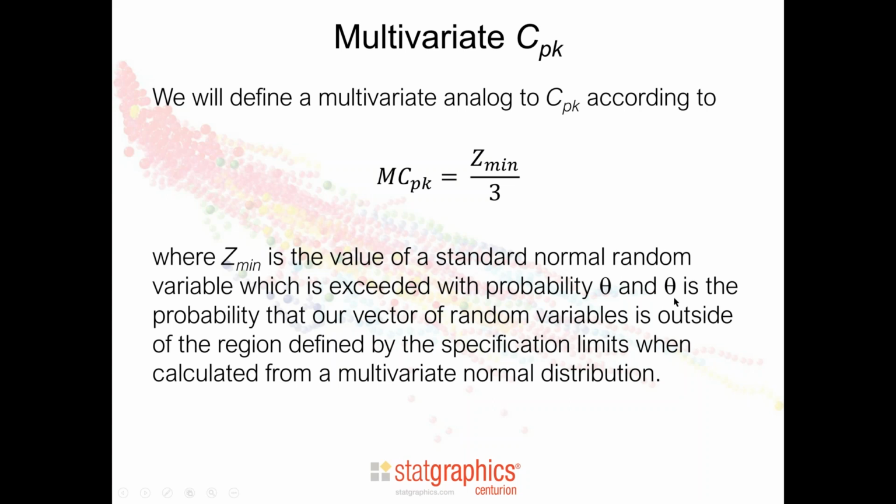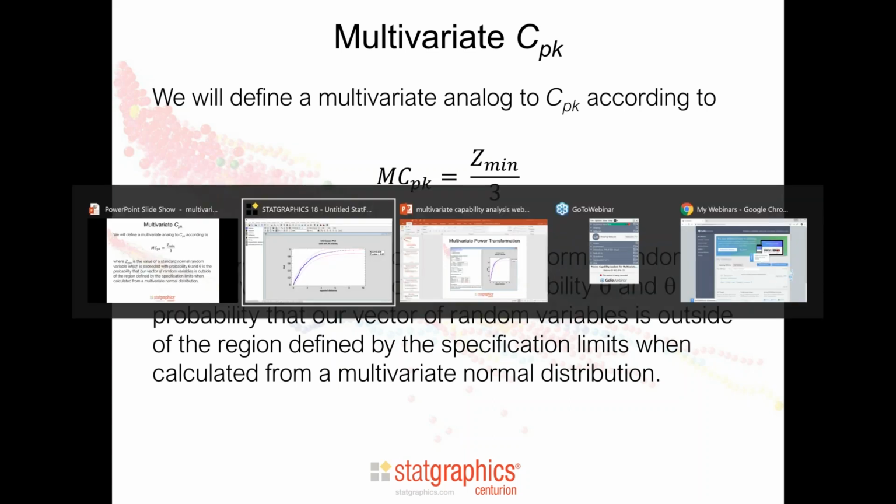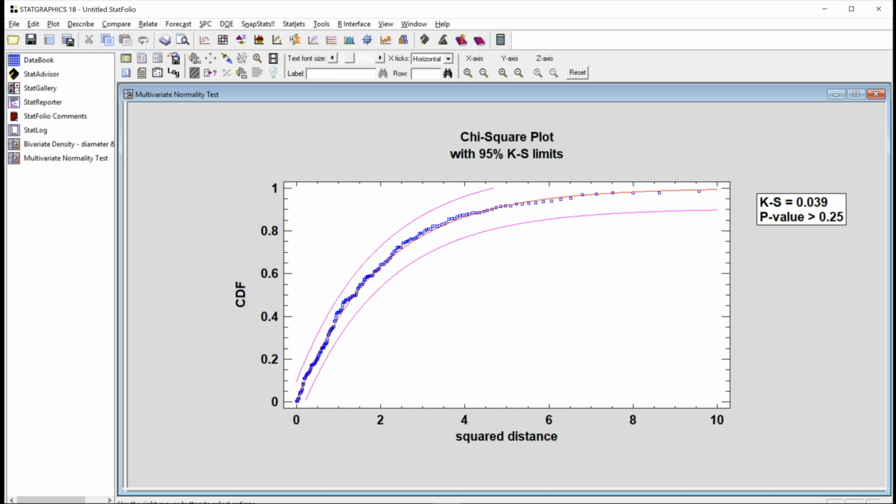So I'll get theta by finding out how much of the multivariate normal distribution is outside of the specs. From theta, I'll calculate Z-min, according to what I had on the previous slide. And then from Z-min, I'll calculate my multivariate CPK. Okay, now that may be more confusing than it really is. So let me go ahead and show you how it's done in Statgraphics.